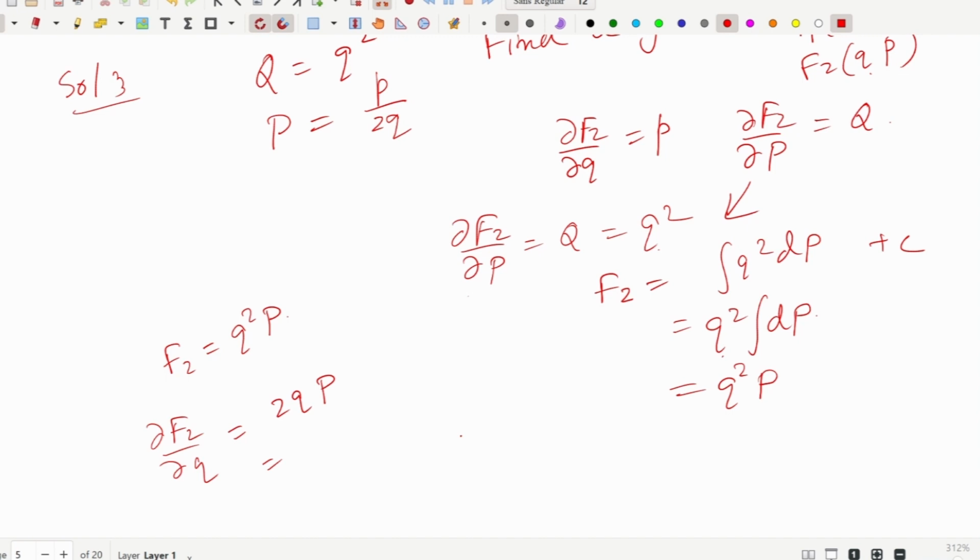Okay. So, this produces the correct transformation. Okay. We will consider more problems for finding the generating functional.